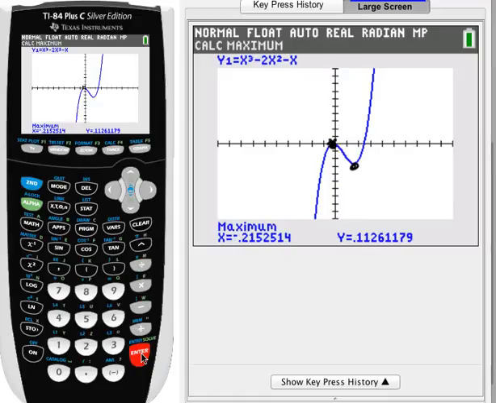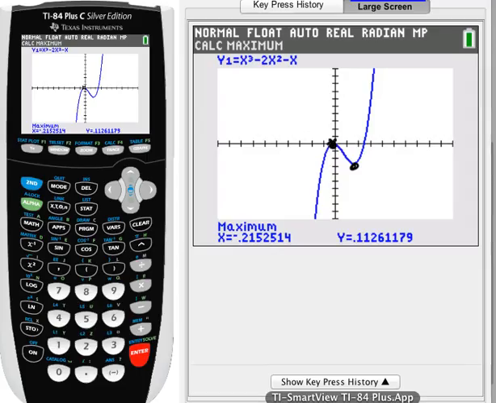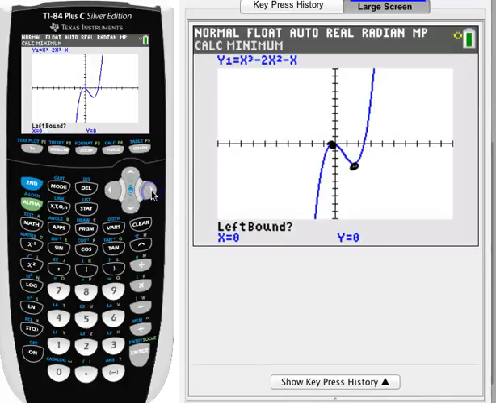So negative 0.22, 0.11. Now let's go back and do the same for the minimum. So I go and calculate the minimum. Here I'm to the left of my minimum.